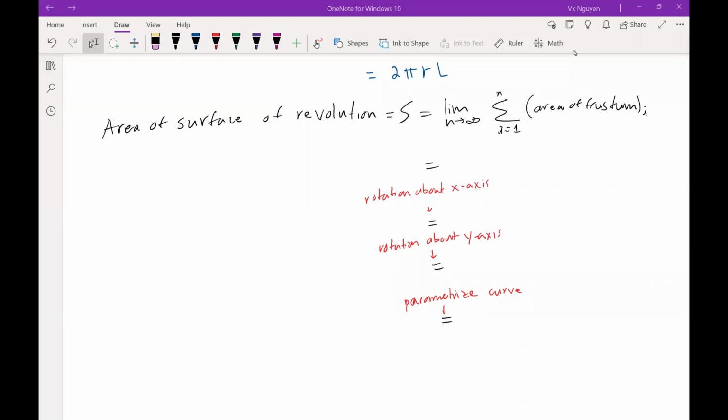The limit of the Riemann sum is the integral over the curve C of 2 pi r L.